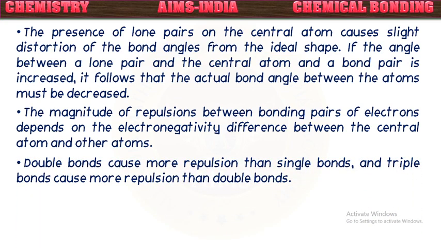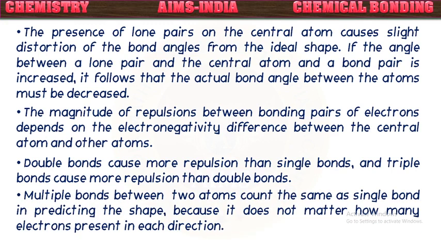Double bonds cause more repulsion than single bonds, and triple bonds cause more repulsion than double bonds. Multiple bonds between two atoms count the same as a single bond in predicting the shape, because it does not matter how many electrons are present in each direction.